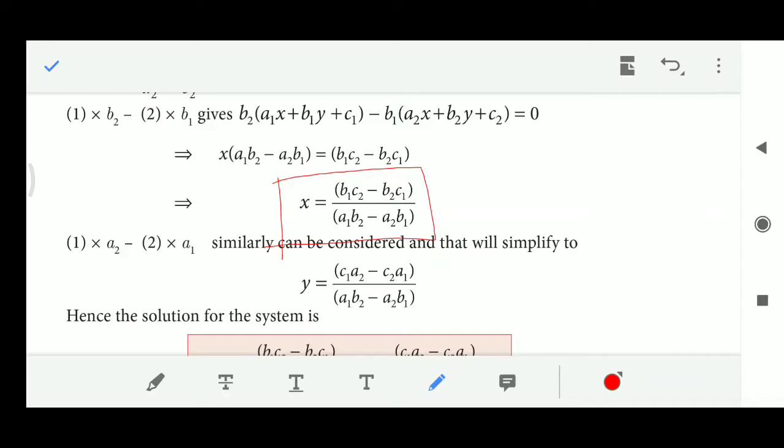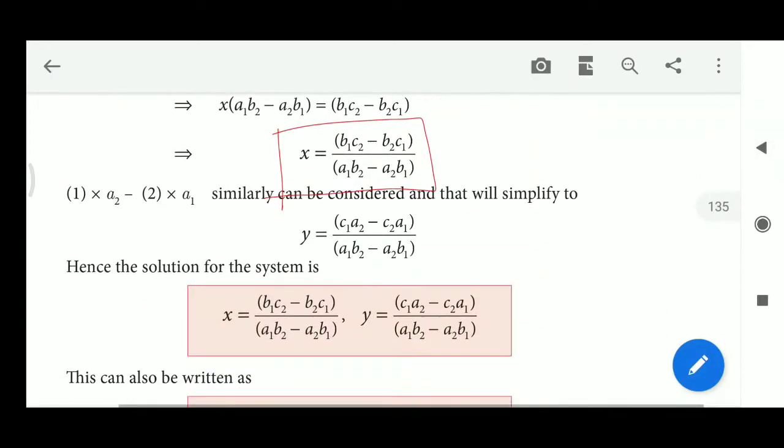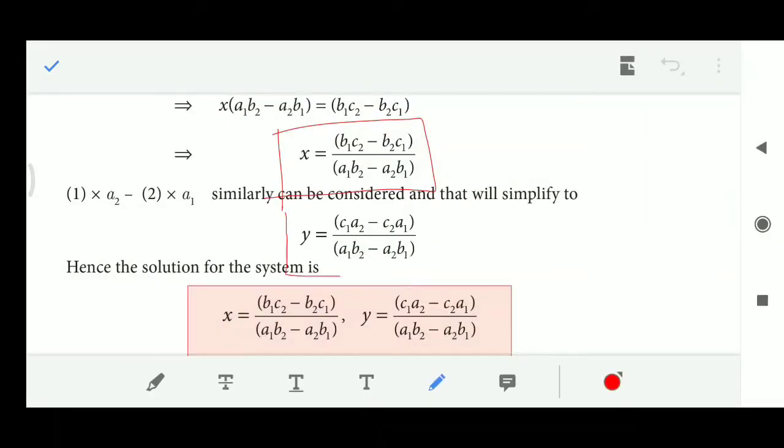Like x, you can get the value of y as y = (c1a2 - c2a1) divided by (a1b2 - a2b1).